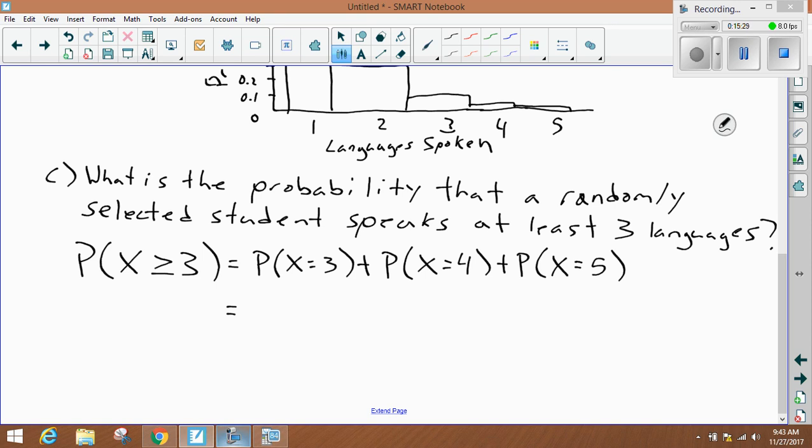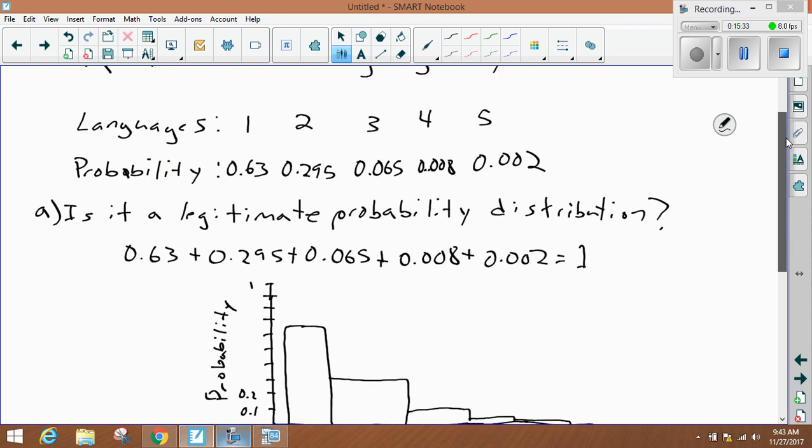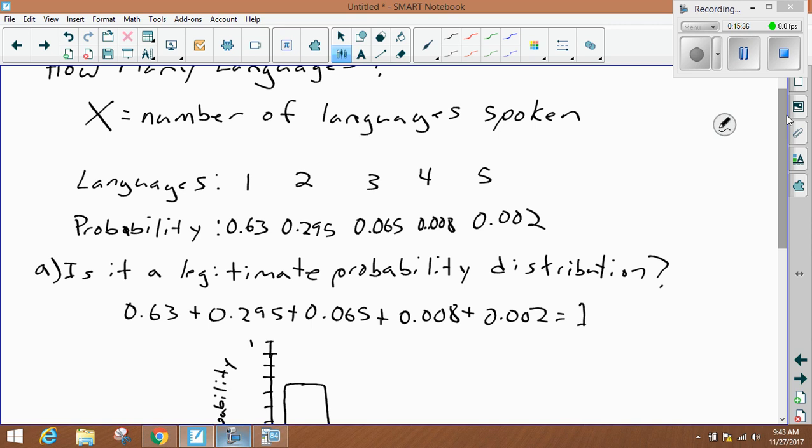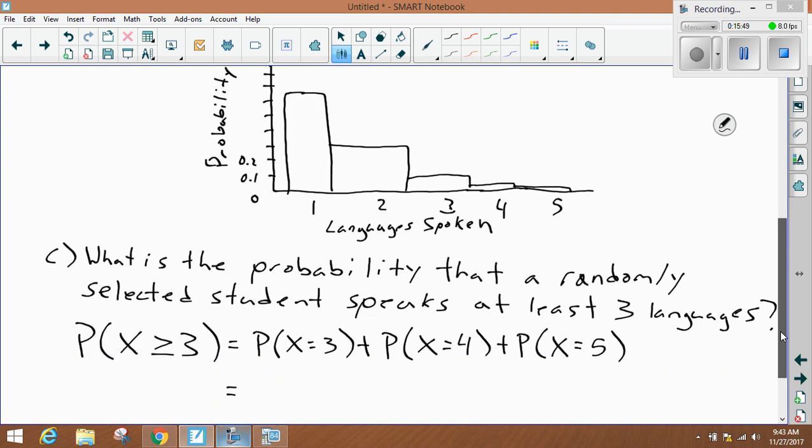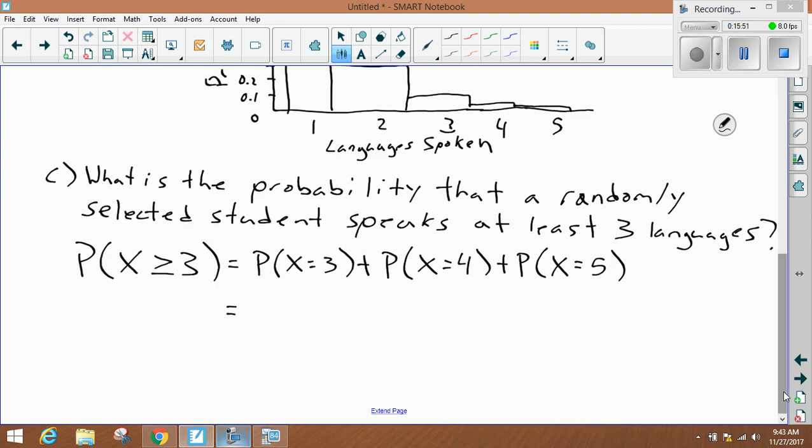We defined our variable at the very beginning, and now instead of saying 3 languages spoken and 5 languages spoken and 4 languages spoken, we can just shorten it. We can use this more compact, nicer notation now that we're describing these probabilities with a variable.